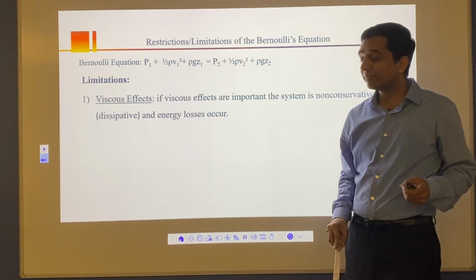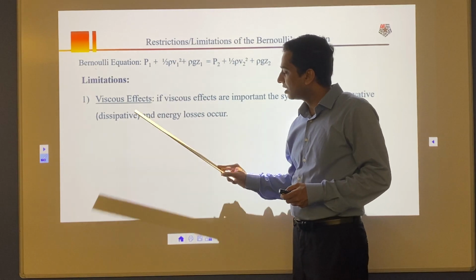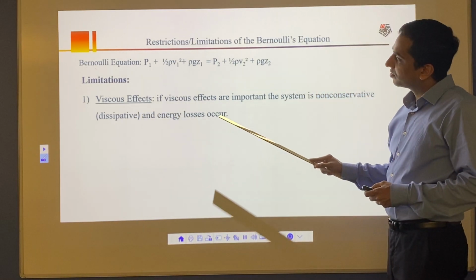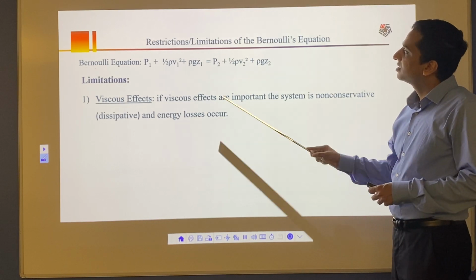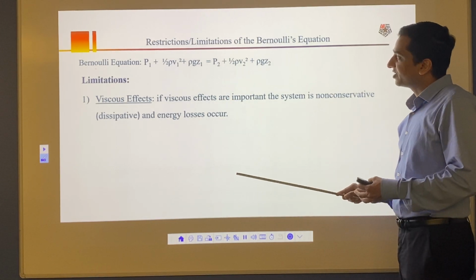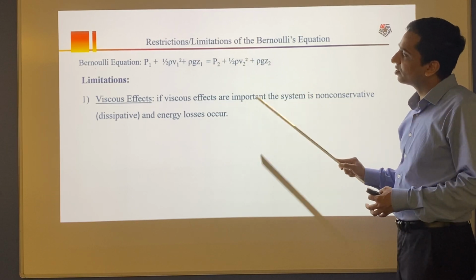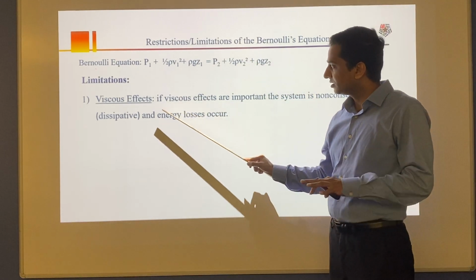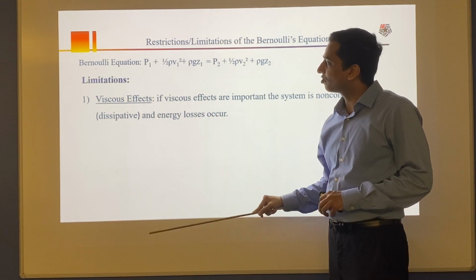The first limitation is viscous effect. As viscosity of the fluid increases or the surface roughness is high, you are going to lose energy, and as you lose energy, you are not going to get this constant at any given time. So if viscous effects are more, there is room for error, and that's the limitation for Bernoulli's equation.